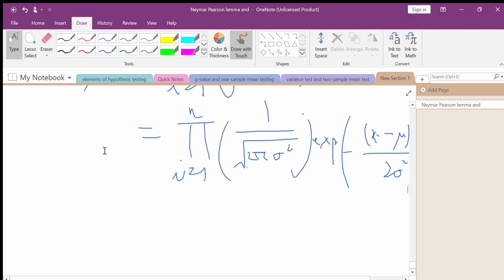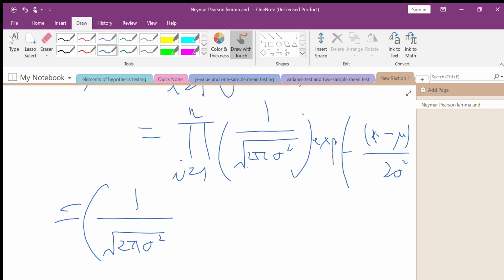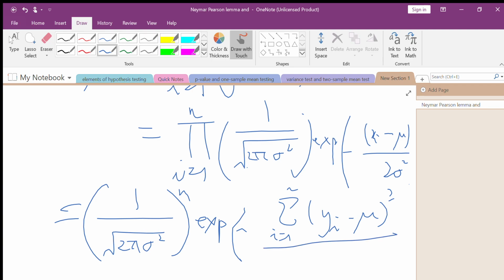And we spread this product out, so the result is 1 over square root of 2 pi sigma squared raised to the power n, exponential of negative summation i from 1 to n of (xi minus mu) squared divided by 2 sigma squared.